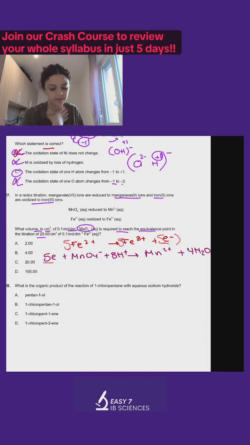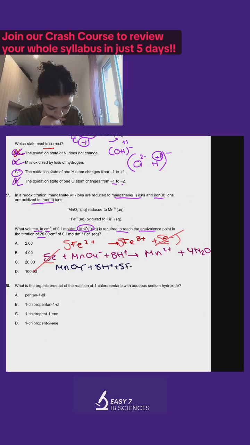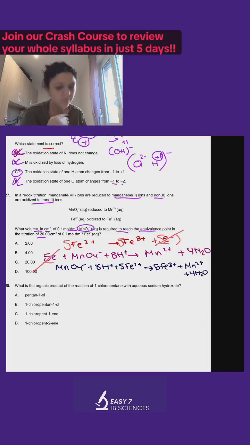Once my electrons are balanced, I can cancel them, and then add my equations. Now, it would be MnO4 minus plus 8 H plus plus 5 Fe2 plus to form 5 Fe3 plus, Mn2 plus and 4 H2O.